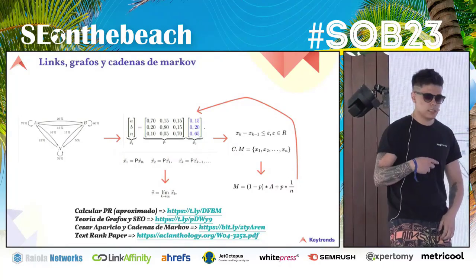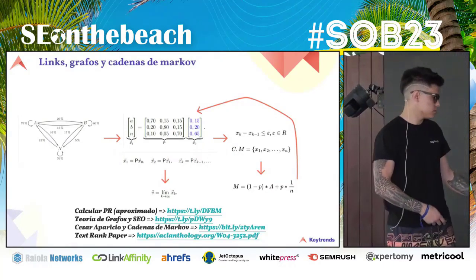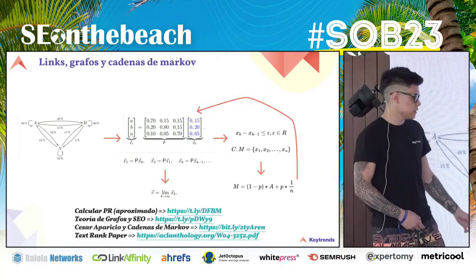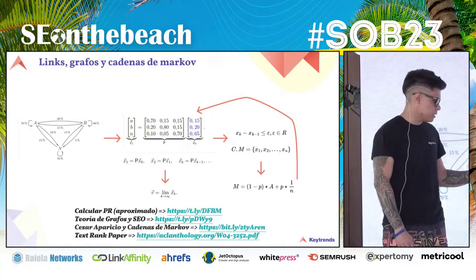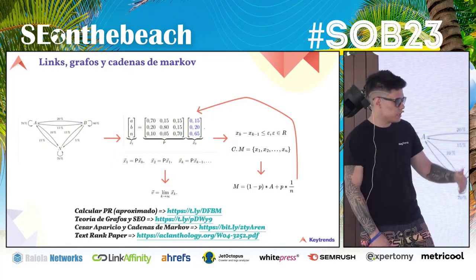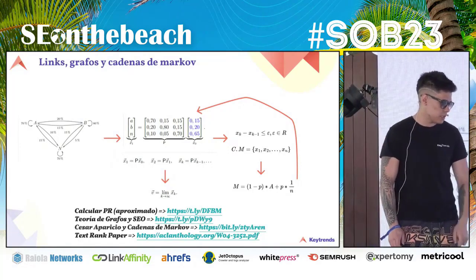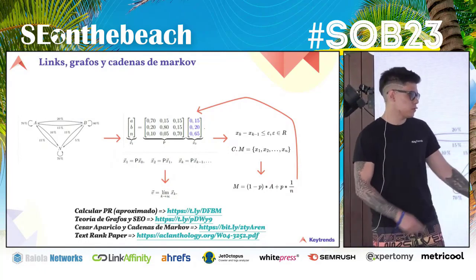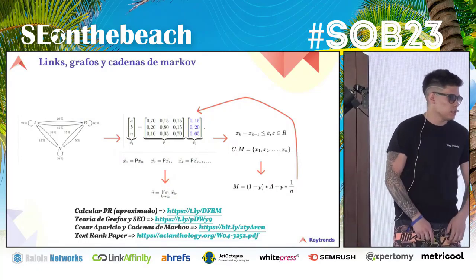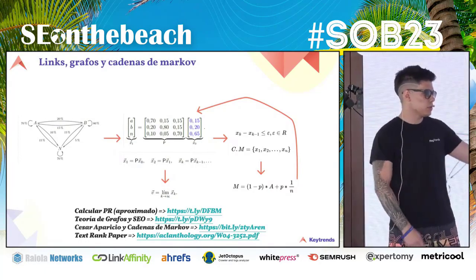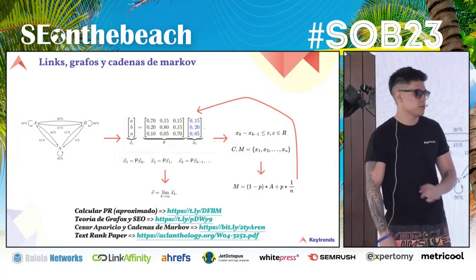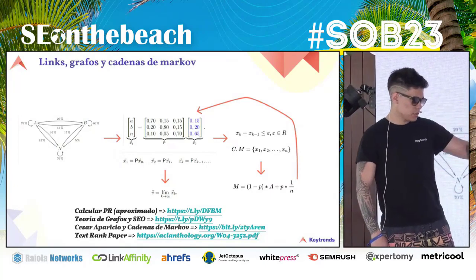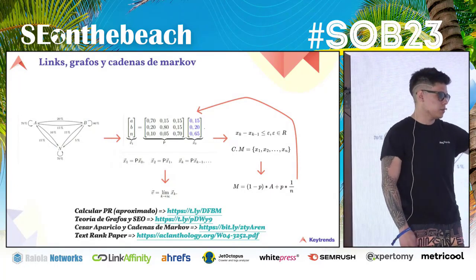And to calculate this PR, we need to look for iterations, and we need to find our convergent vector at infinity. But this never occurs. This is just a theory. So what Google and everyone does is use k minus 1, so we have a lower influence.